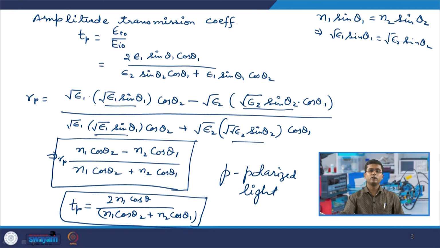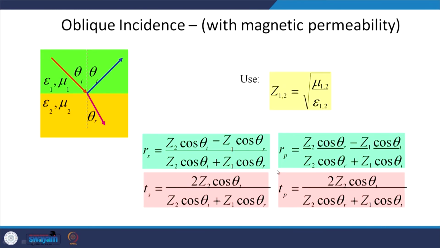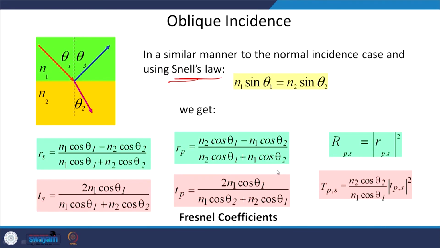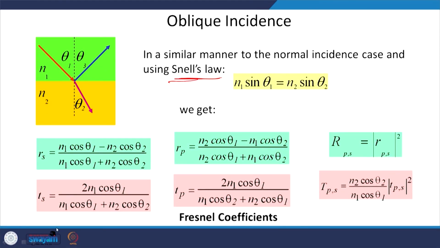Similarly, you can solve it for s polarized light, and this is what we have got here for Rp and for Tp. Similarly, you can solve it for Rs and Ts.